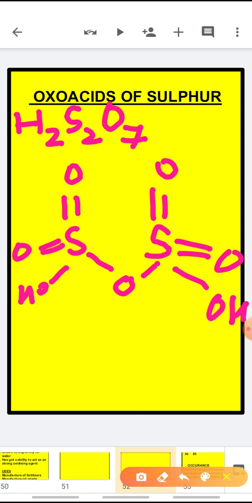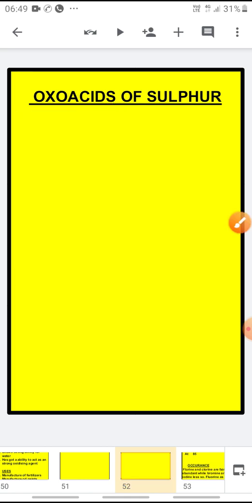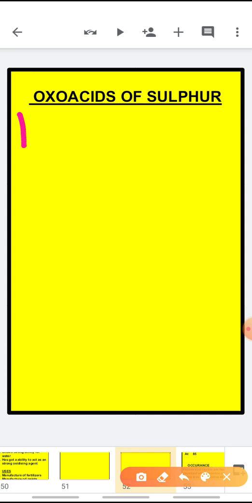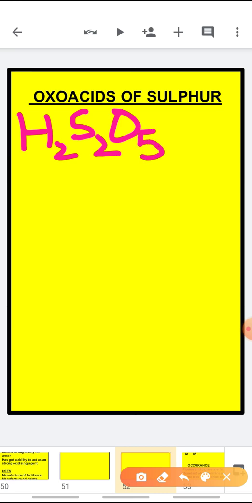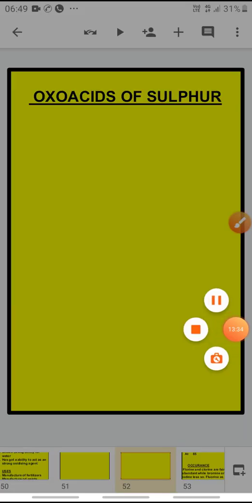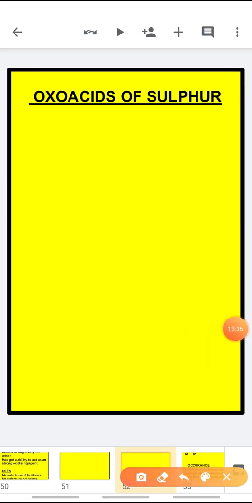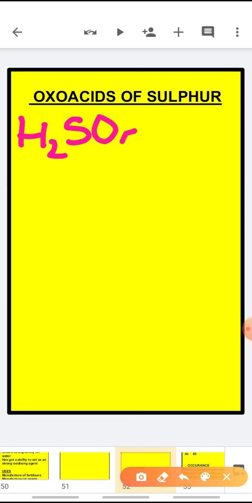Now, the next oxo acid of sulfur is H2S2O5. Sorry, it is H2SO5.